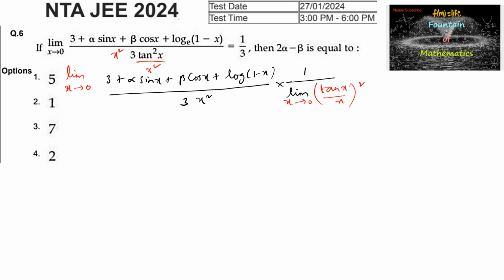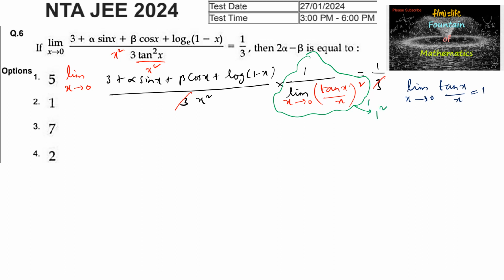And we know that the limit as x tends to 0 of tan x upon x is 1, and this limit value is equal to 1 upon 3. So we may cancel 3 and 3 on both the sides, and also the limit of (tan x upon x) whole square can be taken as 1 square in the denominator.